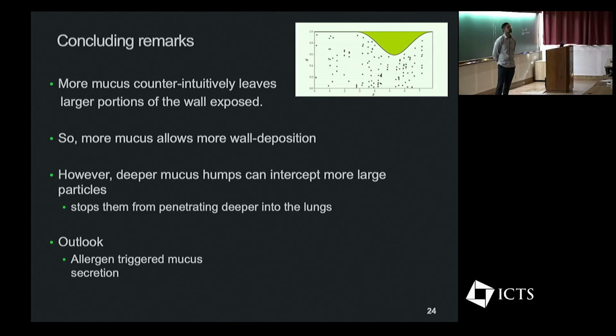Questions? When you showed the inertial particles in the mucus hump, you showed most of the particles go to the central line. Yes. But in channel flow, people have found that there is a specific number close to the wall, that inertial particles do aggregate in a turbulent channel flow. Is that broken in this case?